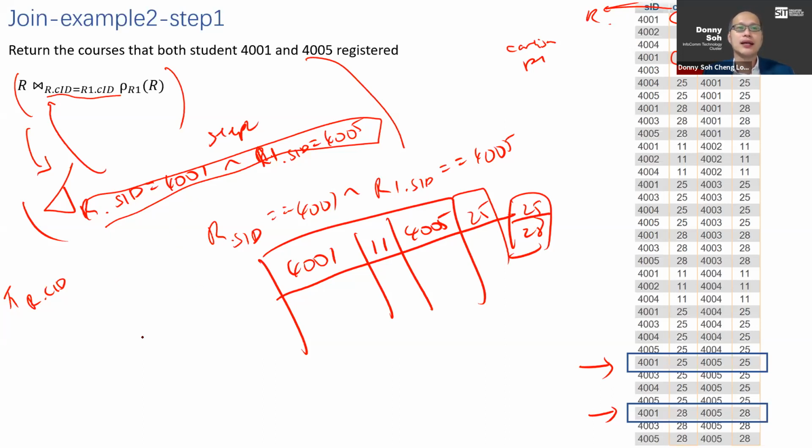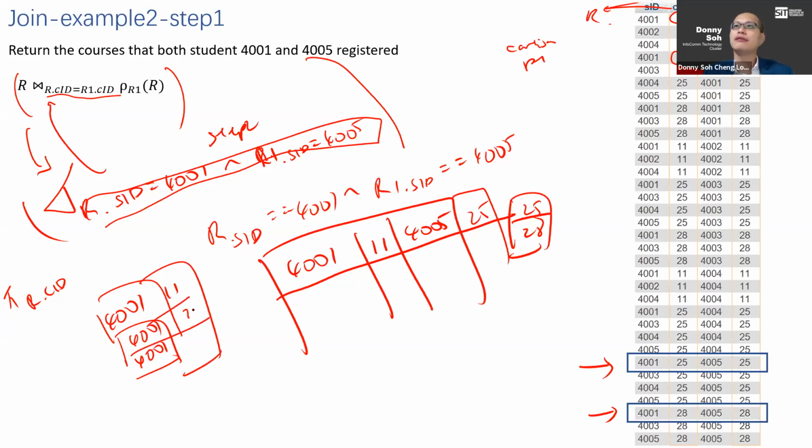It may get all the 4001s out first, so I'll just have 3: 11, 25, and 28. And then I'm going to get the next, which is 4005: 4005, 25, 28.